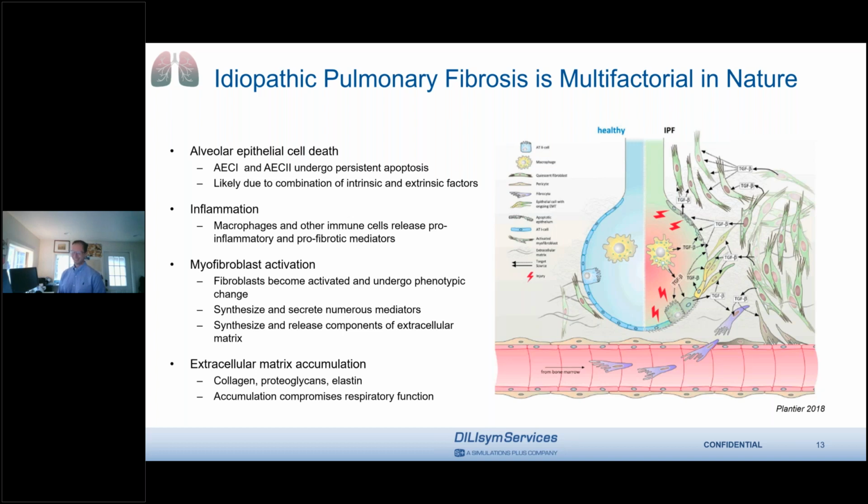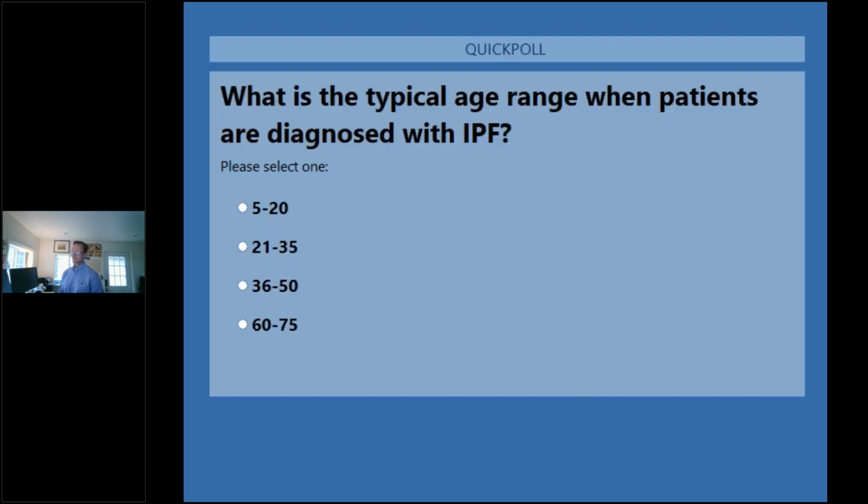Yes, we do. So the second poll question is, what is the typical age range when patients are diagnosed with IPF? And we'll go ahead and give you a couple seconds on this one. Thanks for remembering, Scott.